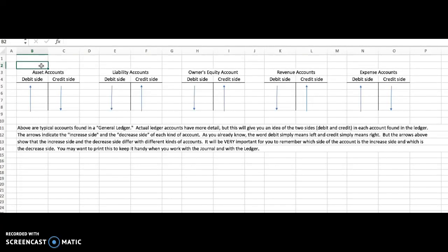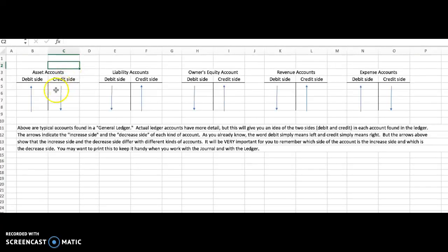But it's important, again, to remember that every account, as you see on the screen here, has a debit side, a credit side. Every account has an increase side or a decrease side. And that is going to be different from account to account, from an asset account to a liability account, and so on.